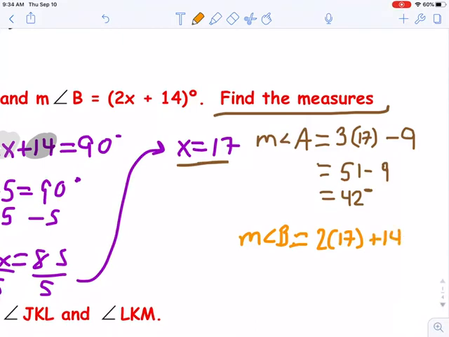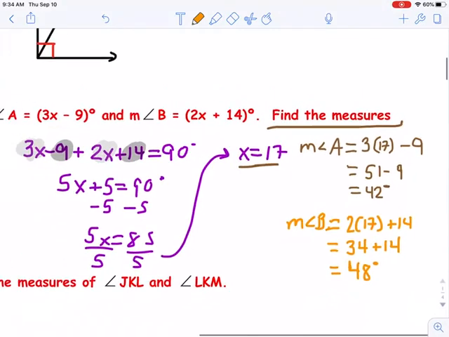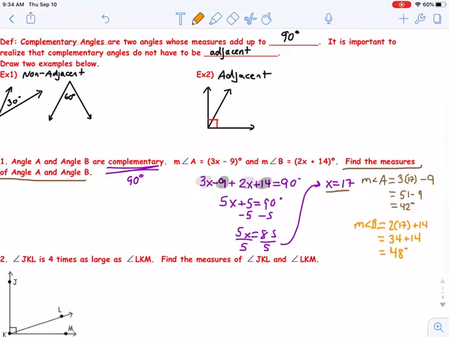They're supposed to be complementary. But I'm going to plug in x anyway, and whew, I ended up getting 48 degrees. Nice. A typical complementary problem: complementary, 90 degrees, adding the angles up to equal 90 degrees, solving for x, plugging it back in.